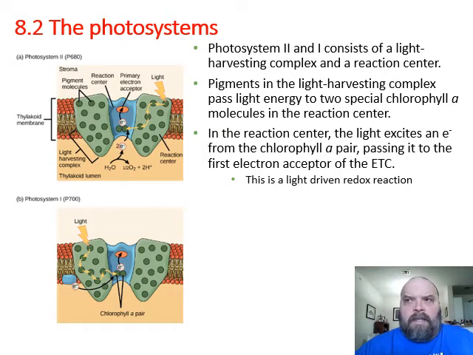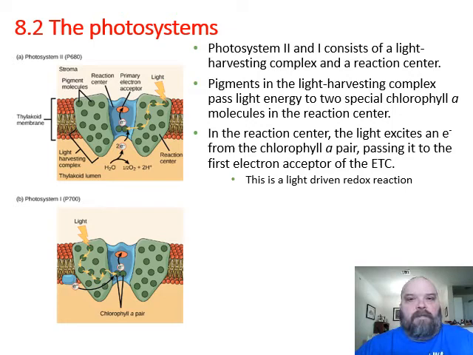Why is that? It sounds counterintuitive. It sounds backwards. 2 first, 1 second. Well, it's a naming thing, and it's based on when they were first discovered. Photosystem 1 was discovered first, and then years later, somebody was able to identify a second photosystem, photosystem 2.